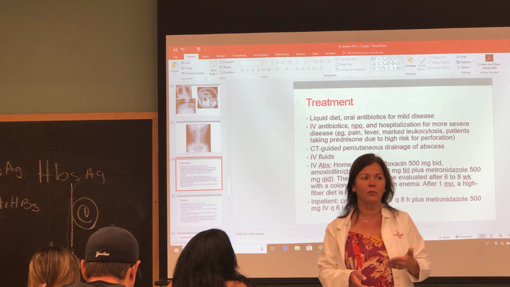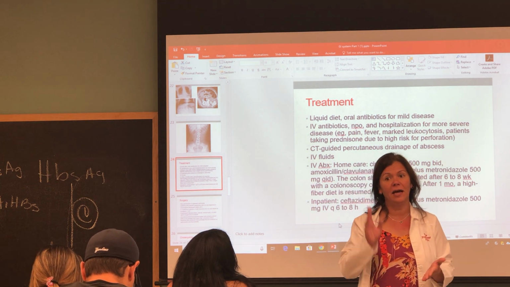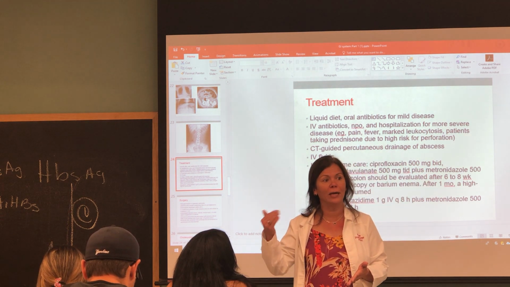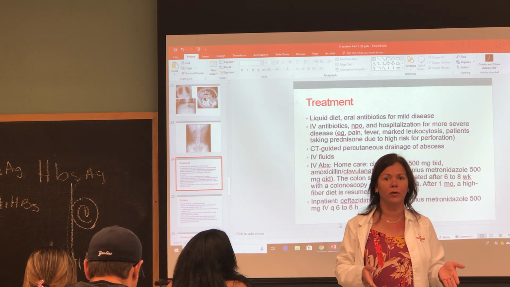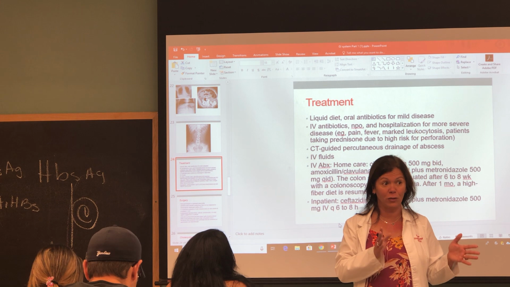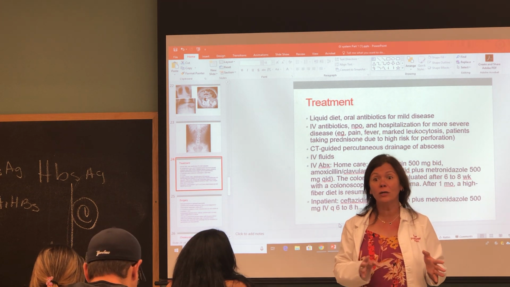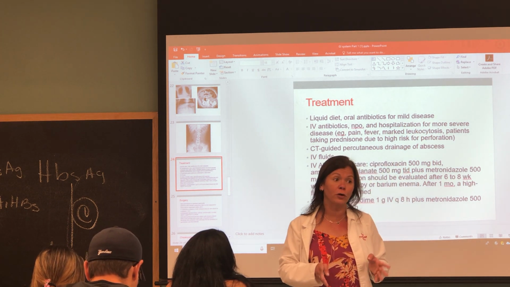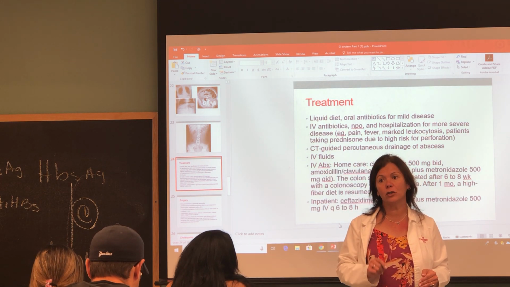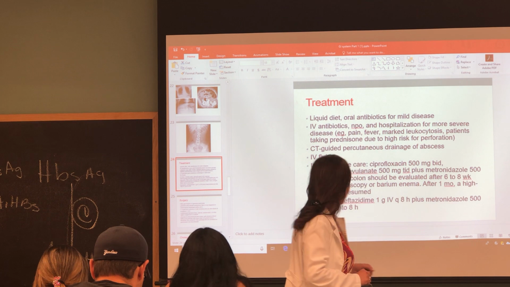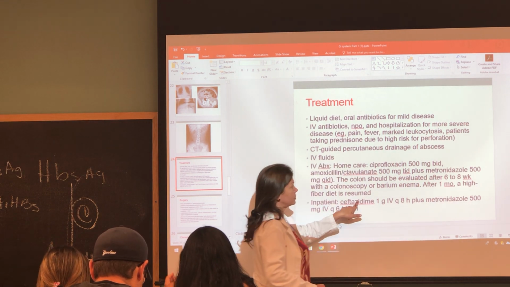So if you start, for example, with ceftazidime, it has to be combined with metronidazole or clindamycin. But what we do more and more in clinical practice is start with Rocephin, which is a third generation cephalosporin, or cefepime, which is a fourth generation cephalosporin, combined with metronidazole or clindamycin. Okay? So as you can see here.